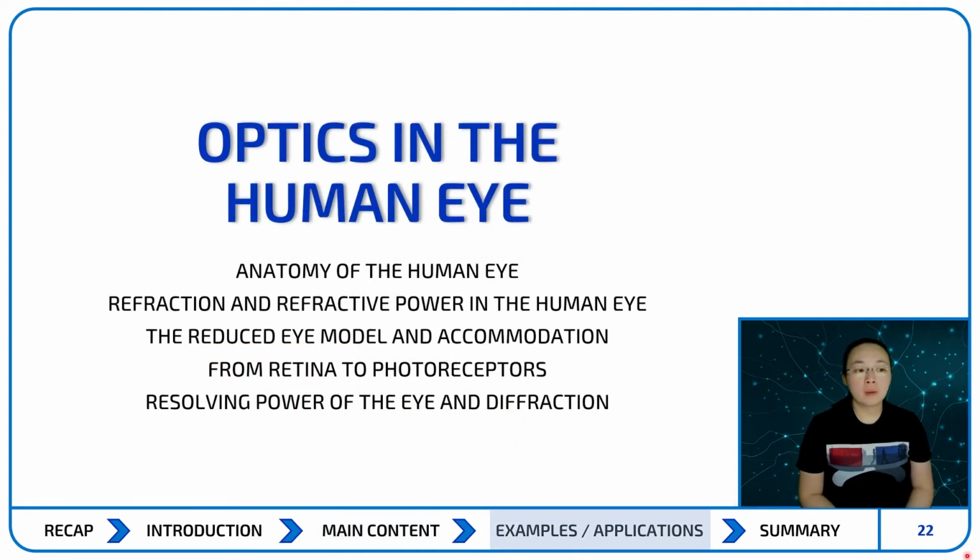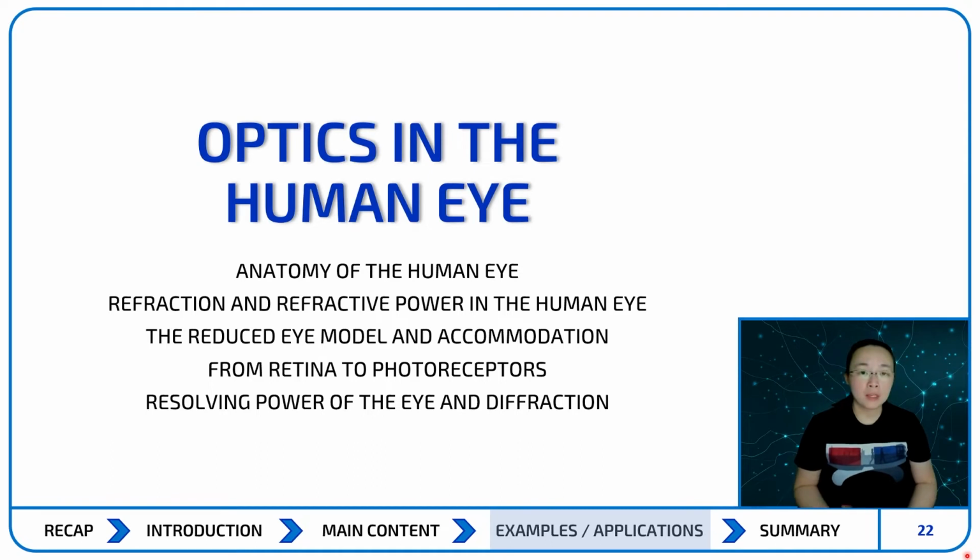So we've gone through a couple of concepts related to geometric optics, as well as just understanding what light is. All of that background is more than enough for us to try and understand the optics within the human eye. So the first thing we want to do is figure out what the human eye actually looks like, break it down as much as we can, and simplify it. We'll then talk about refraction and the refractive power of the human eye, and see if there's a way for us to come up with a good model for the eye, because the eye is so complex.